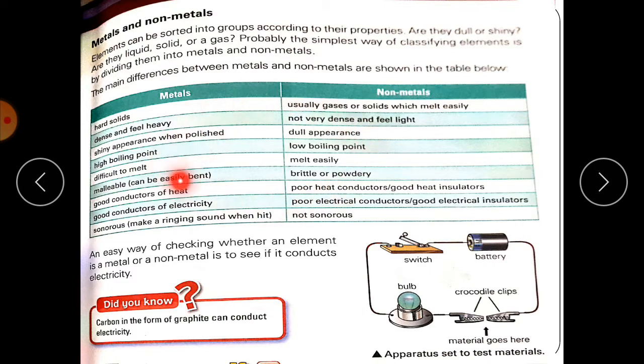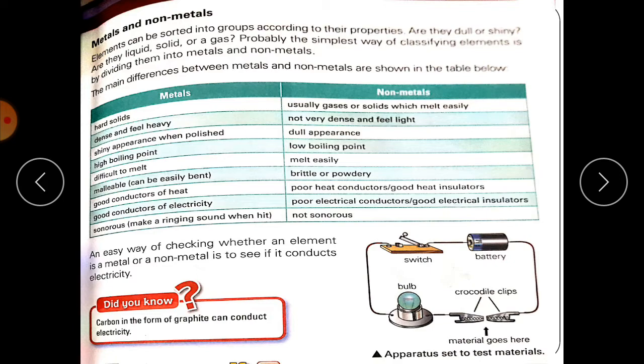So this is the table, and we have written the properties of metals in this column and the properties of non-metals in this column. Students, metals are generally hard and solid, but non-metals are usually gases or solids, and not hard. Non-metals are sometimes solid, but we see they are liquid also, and they are in a gaseous state also.